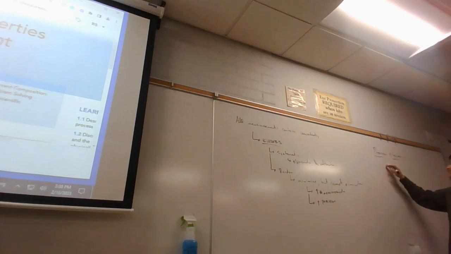So precision just narrows down the uncertainty. So something like 5 grams versus 5.0 grams. Which one has higher precision? The 5.0 grams. And the reason is because in sig figs, this is 1 sig fig, this is 2 sig figs. In sig figs, we're allowed 1 uncertain digit.